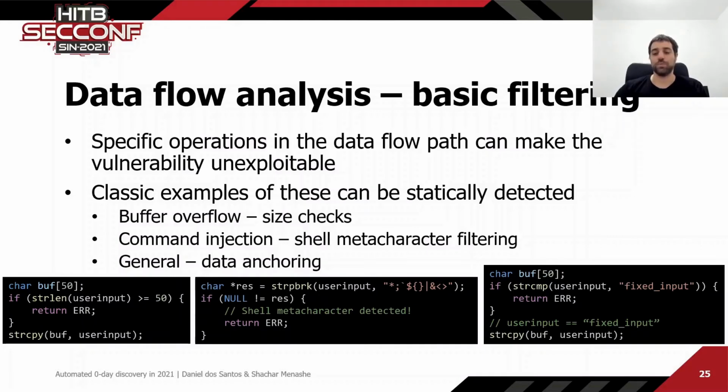So from this place forward, I actually know that user input has to be exactly the string fixed input. So I don't tag this variable as actual user input or external input, because it has to be a very specific constant input. From the analysis side, it's regarded as a constant. It's not really interesting anymore.